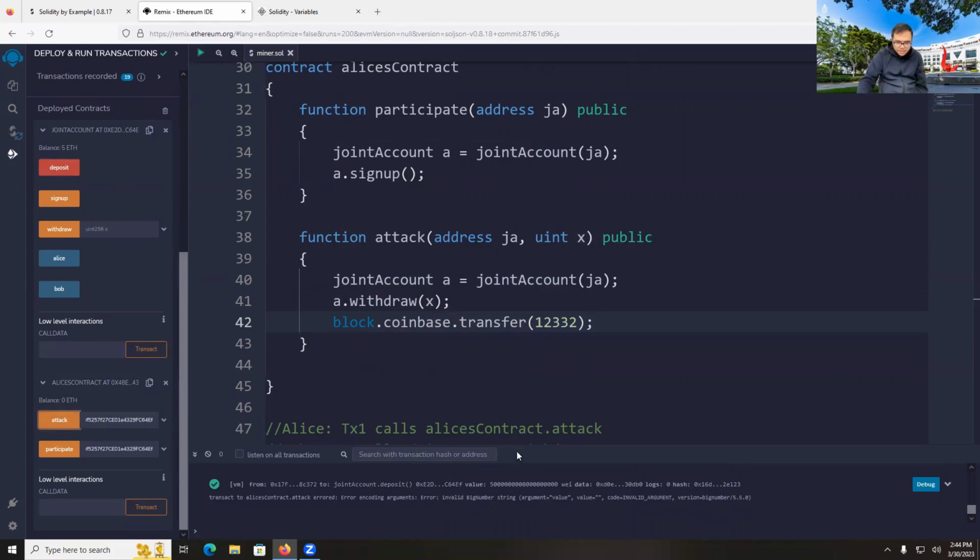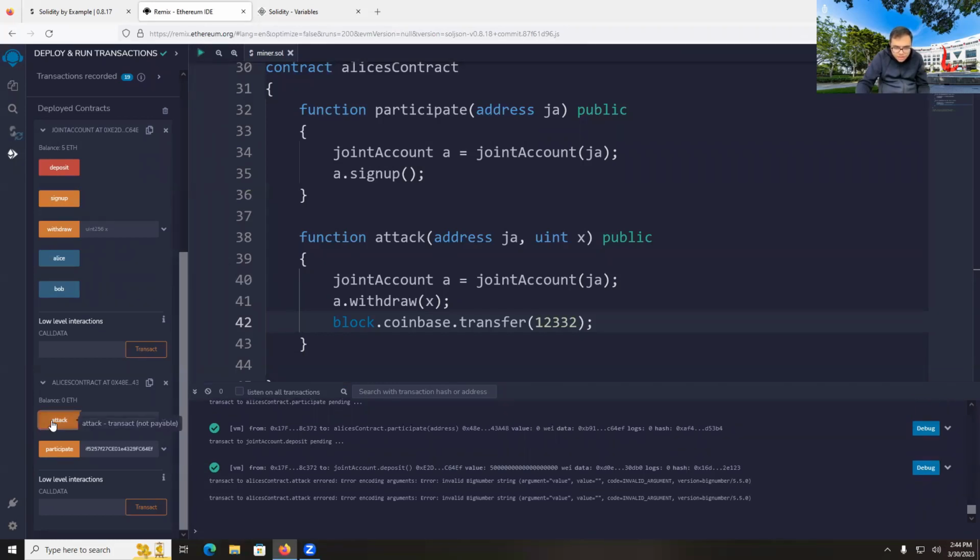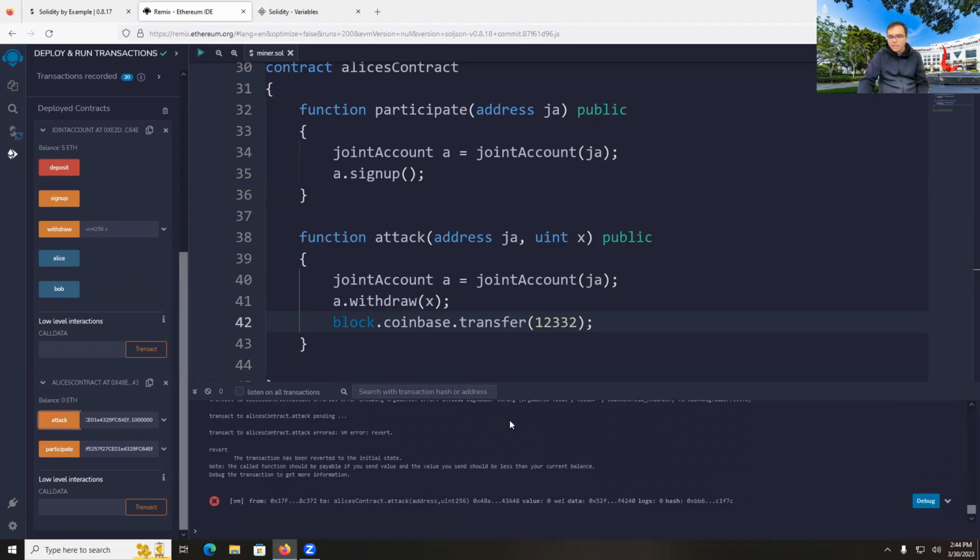And here actually, oops. Oh yeah, I forgot to give the value X. Let's do this attack. Okay. Now you see that actually this transaction failed.